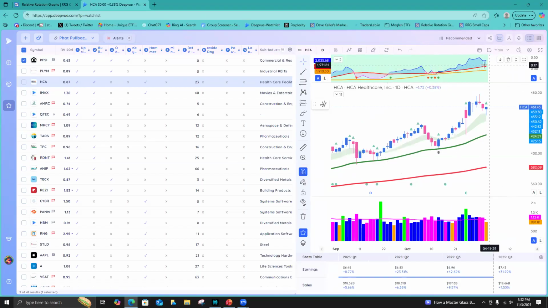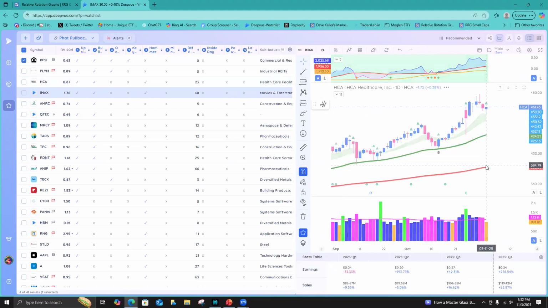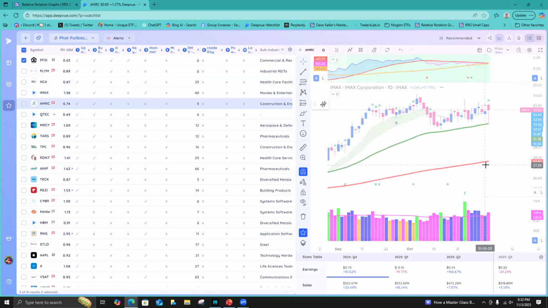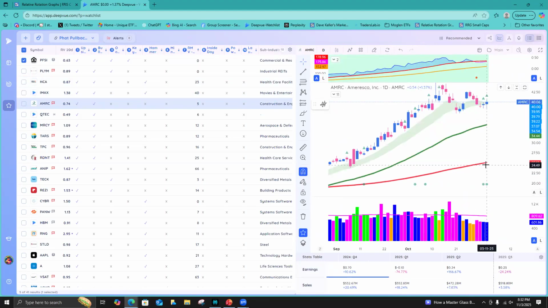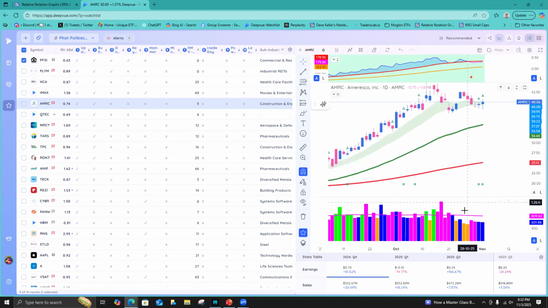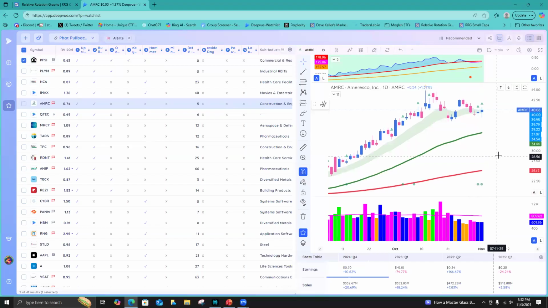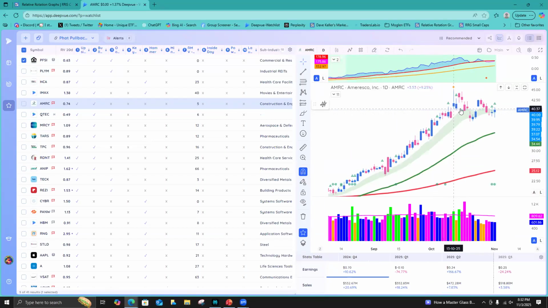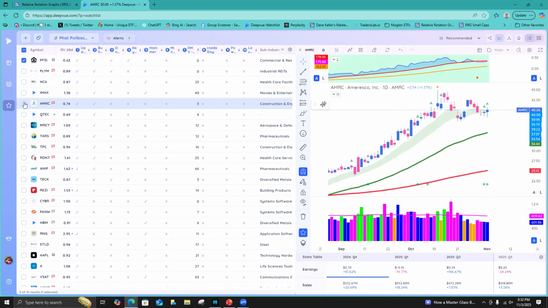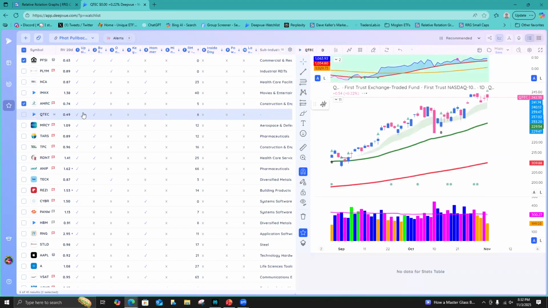Good God, look at that. It's a little bit extended for me. IMAX, nope. AMRC, double upside reversals and tight RMV kind of always go on my list, after obviously a flag right there setting up. Probably a little bit early, but I'll put it on the list.